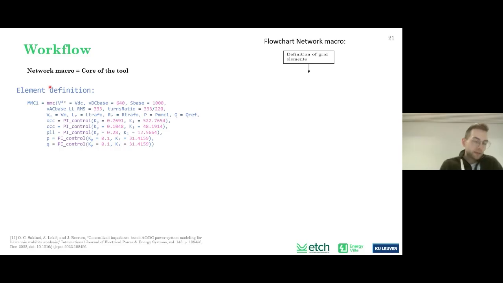So the element is an MMC. And you first define your basic parameters. You define your base power, you define your base voltages, turns ratio of transformer, and so forth. And then also your electric circuit parameters, and then your control parameters. And with that, the model is defined. And you do this, of course, for all the elements you have in the network. You do this for overhead lines, you do this for generators, loads, etc.